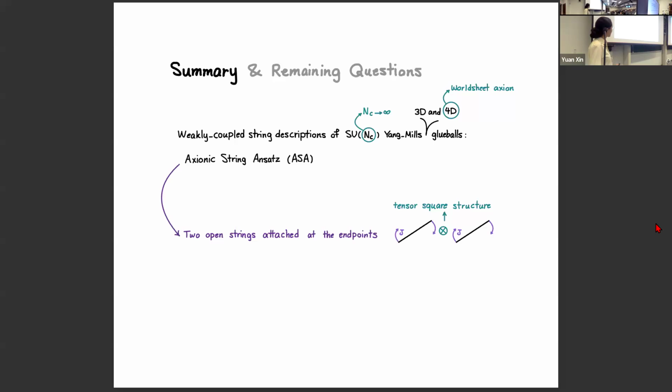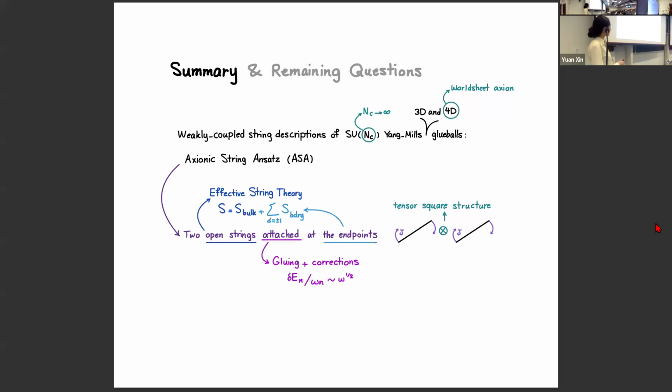ASA assumes two open strings attached at the endpoints, following a tensor square structure. We developed an effective string theory that had a boundary action that cures the bulk action singularities. Then we attached the two open strings to the closed string and calculated the boundary condition and these corrections.